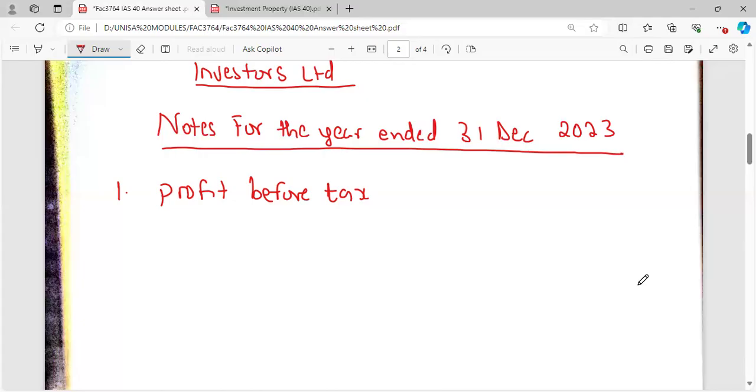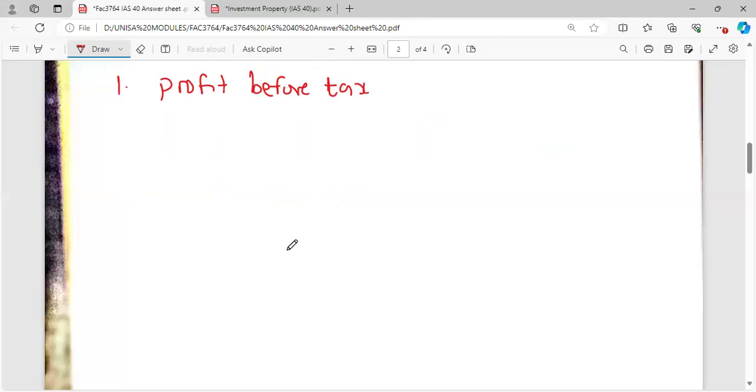So what do you look at now? Once the question requires you to do the profit before tax, in your answer, you look at who is income from your question and who is expense. So those are the only things that you should disclose.